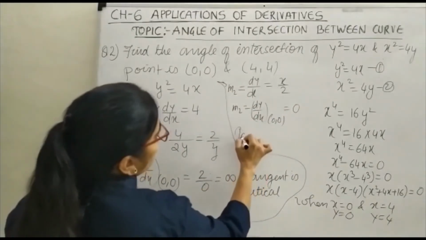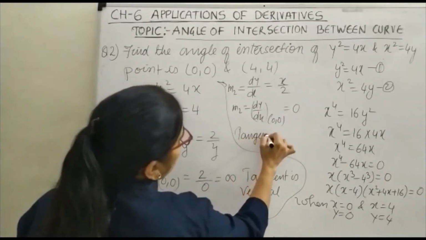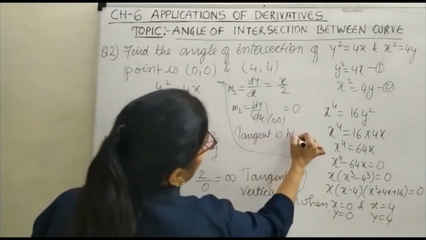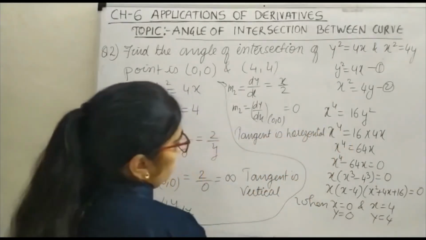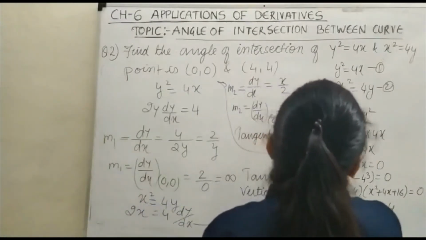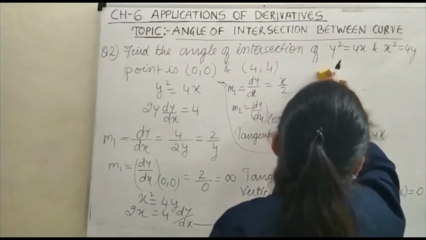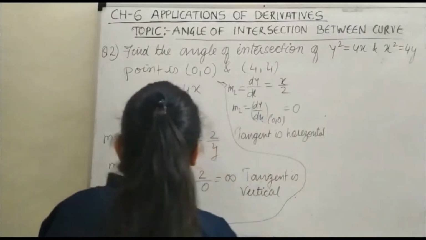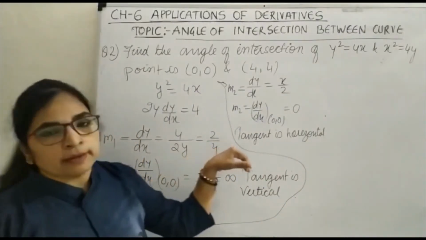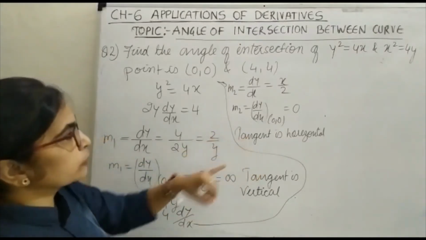That means the tangent is horizontal. Now you can see that m1 is vertical and m2 is horizontal.